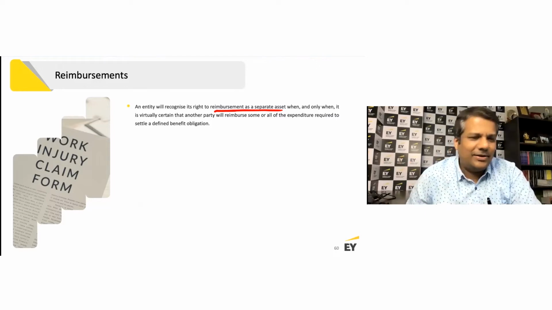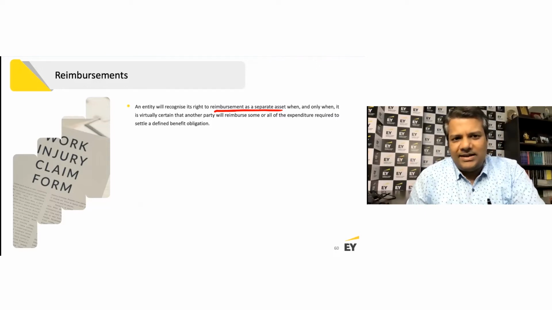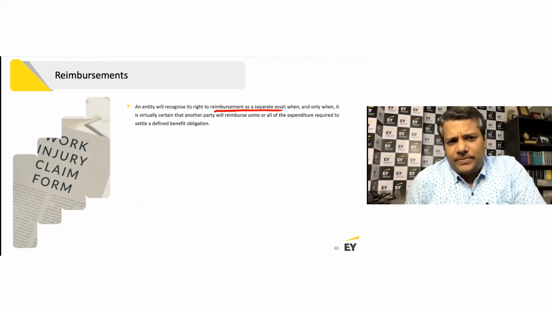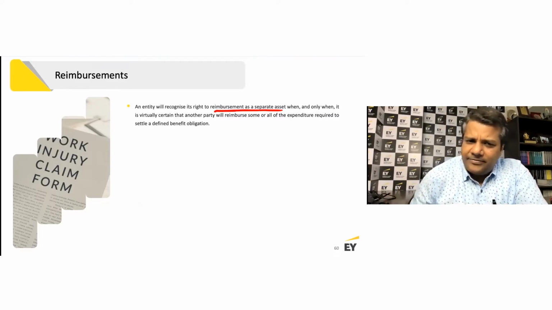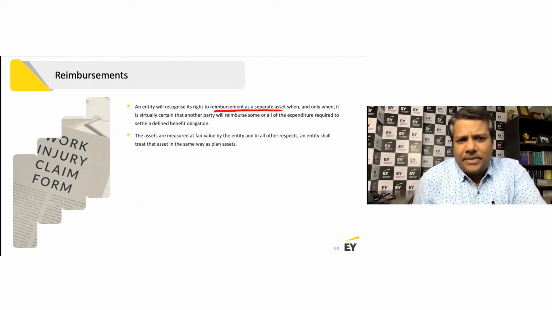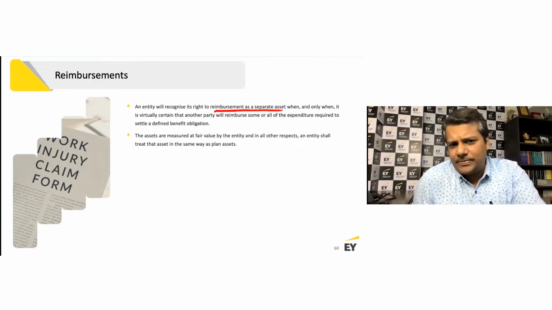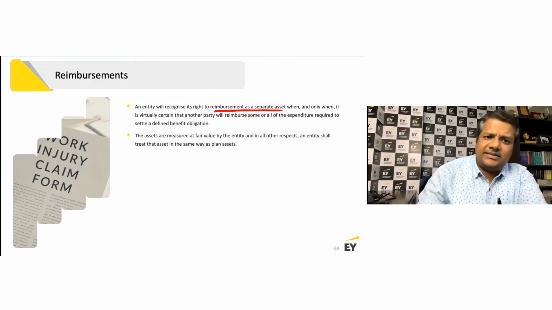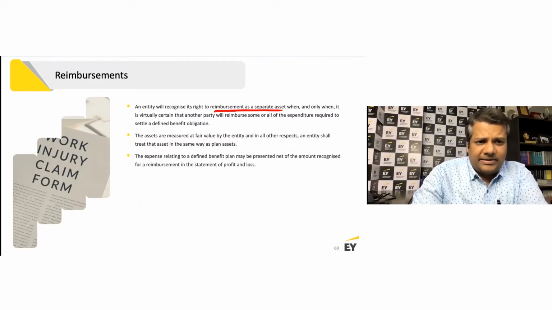So here we are saying virtually certain that another party will reimburse some or all of the expenditure required to settle a defined benefit obligation. The asset is measured at fair value by the entity, and in all other respects, an entity shall treat that asset in the same way as plan assets.